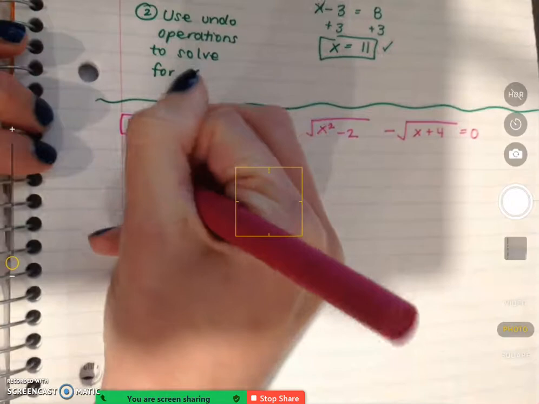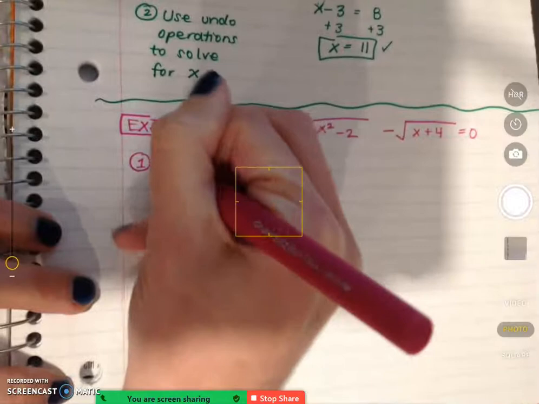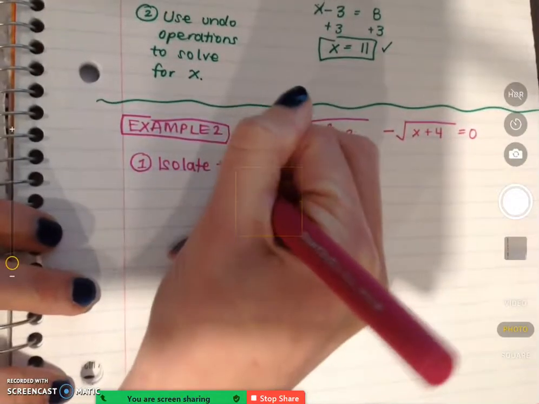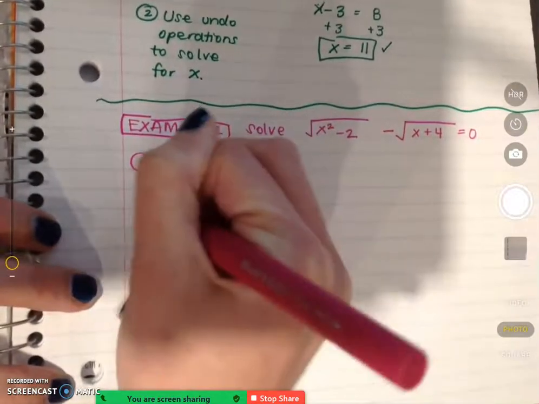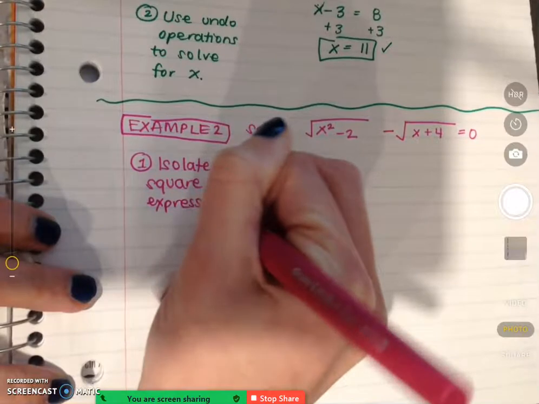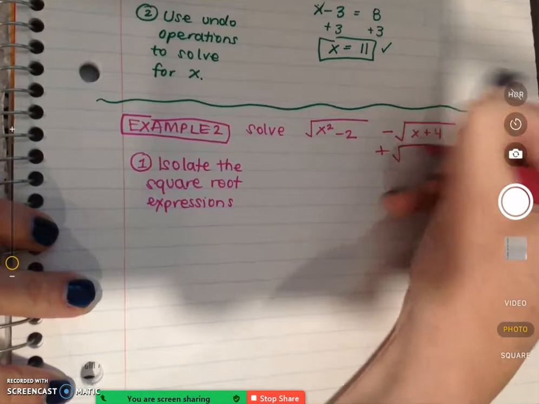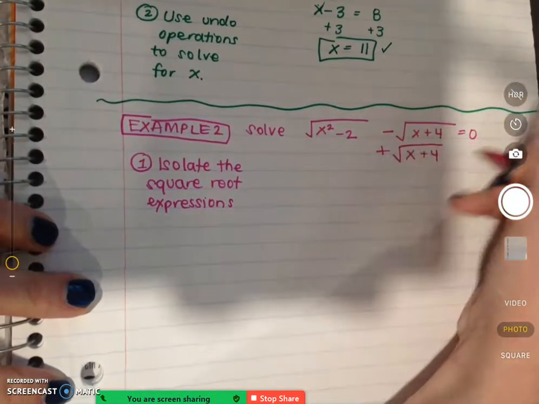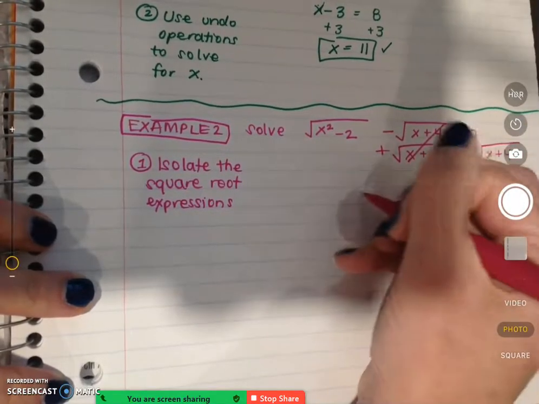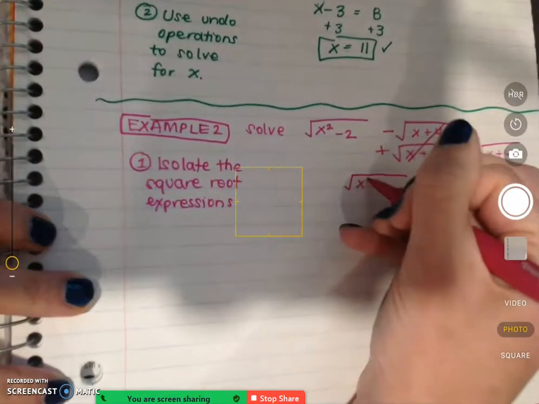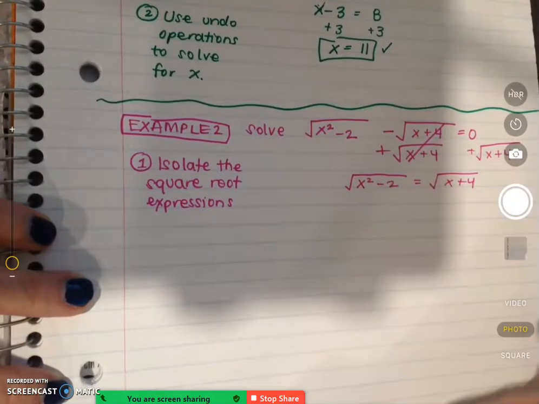So my first step, just like the previous equation, to solve this radical equation, I would isolate the square root expressions. But we have 2 square root expressions, so to isolate them, I'm going to add the square root of x plus 4 to both sides. Then I'll have the square root of x squared minus 2 equals the square root of x plus 4, so they're isolated.